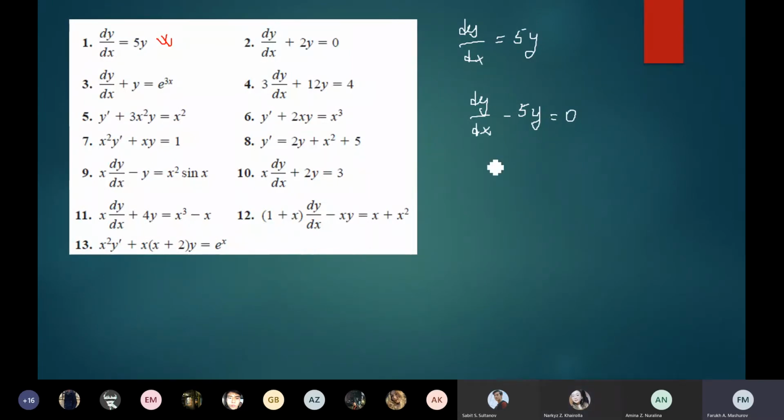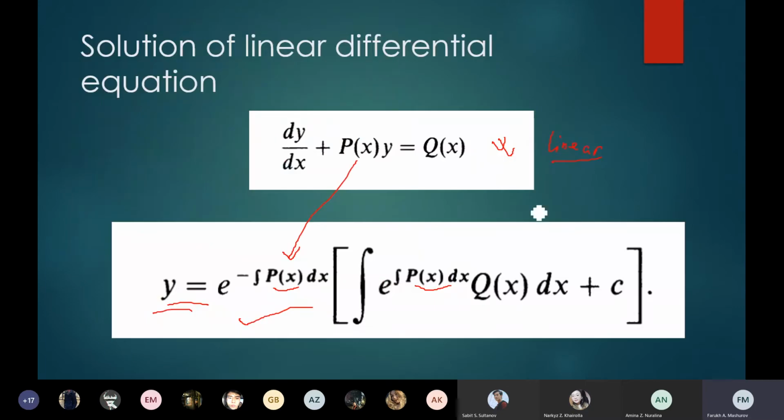Am I right? So what will p(x) be? Minus 5. What will q(x) be? 0. Yes. So can we use this formula, guys?